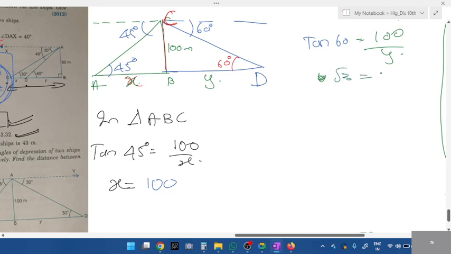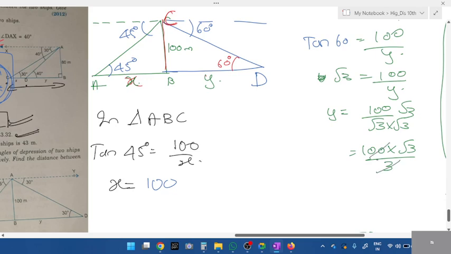Root 3. So Y is 100 by root 3. If root 3 is in the denominator, what do we do? Rationalize. 100 into root 3 divided by 3. How many times does 3 go? 33.3 into 1.7.